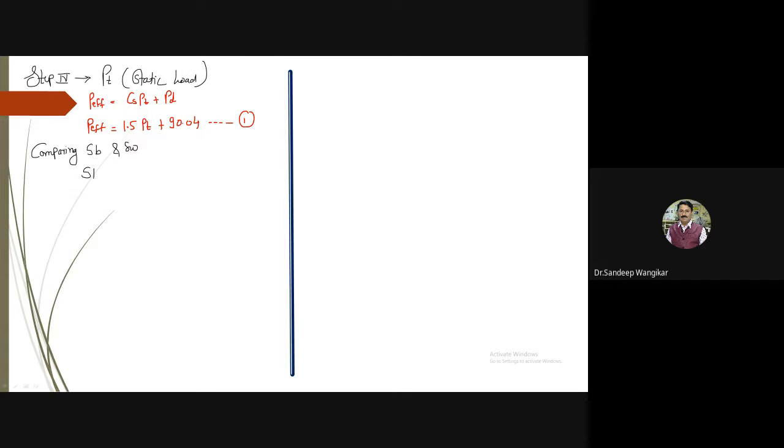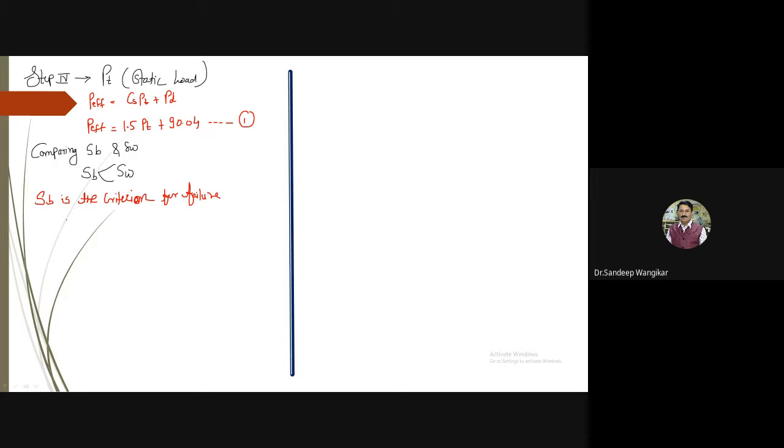It can be observed that SB is less than SW, and therefore I will write SB is the criterion for design, or criterion for failure or for design.